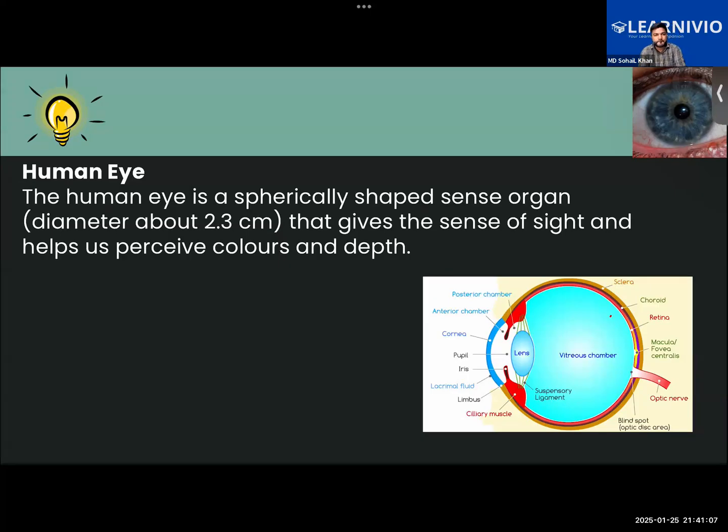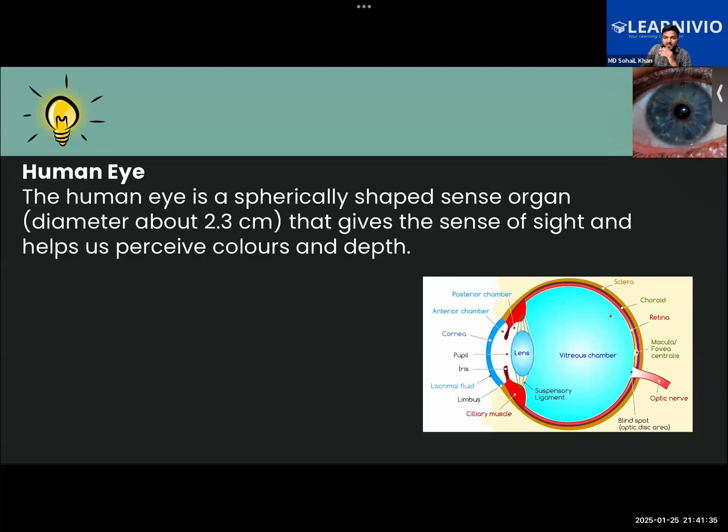It is a sphere-shaped object in the body and it allows us to see. Okay. What about you, Ibrahim? It is a spherical shaped organ and it helps us see through the pupil. Okay, that is not very suitable.